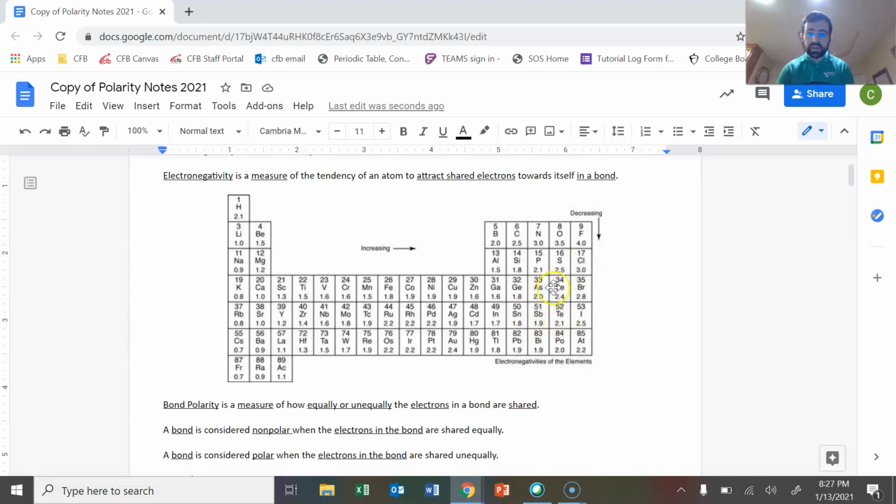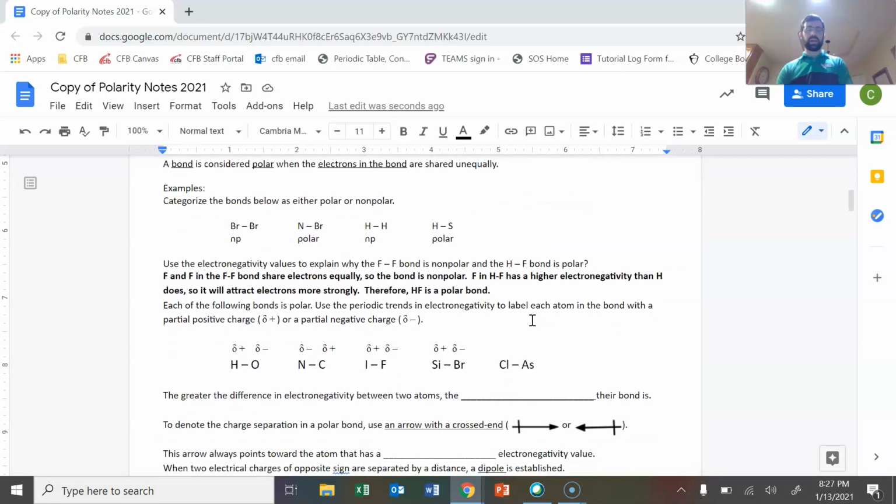As is right here. We can tell that chlorine's closer to fluorine, so it's going to have a higher electronegativity, and the values say the same thing. So As is the one that's the least electronegative. Chlorine's the most electronegative. So this is negative, this is positive. Let's copy this since it's basically the same pattern, and I'll paste it right there.